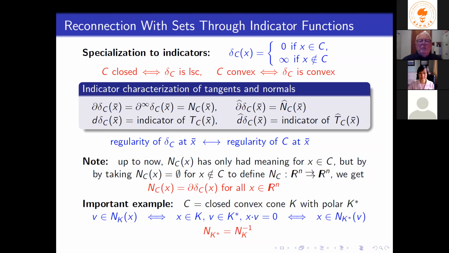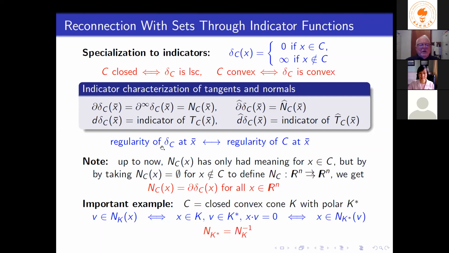And so now we can apply the theory of subgradients to the indicator functions. And of course, it all works out. That is, the subgradients of the indicator function are the same as the horizontal subgradients of it, and they give the normal cone. And the regular subgradients give the regular normal cone. And the subderivative function for the indicator is the indicator of the tangent cone, and so forth with the normal version.